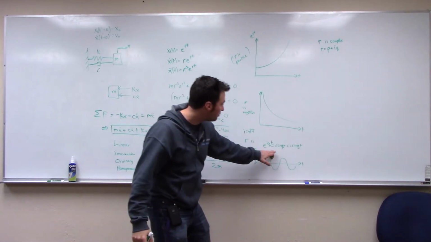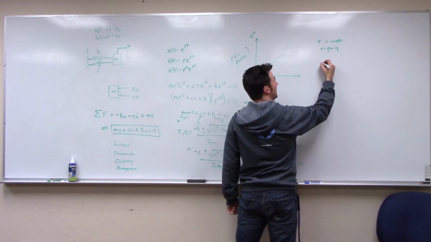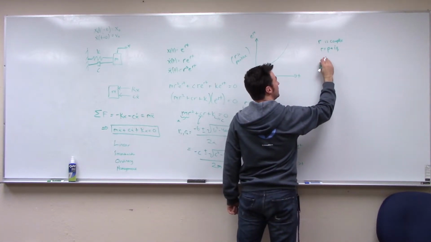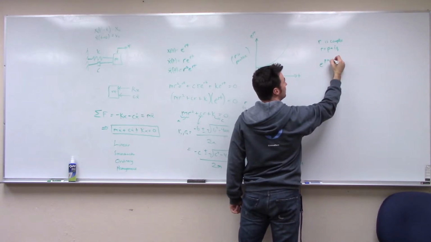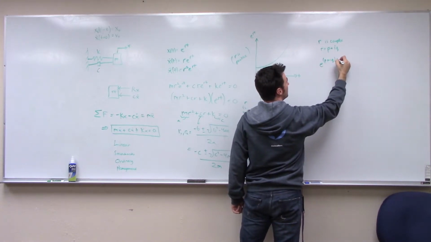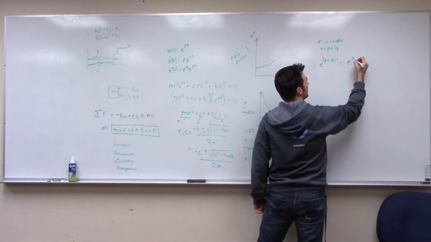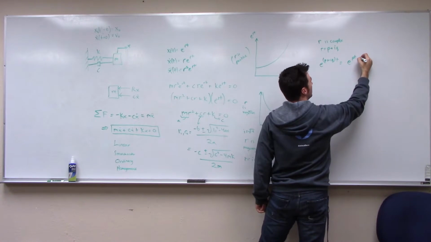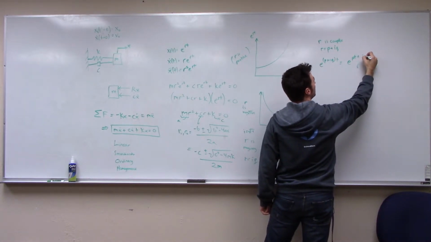In that case, if we apply Euler's formula, then this is what we get. We would see that e to the r, which in this case is p plus iq, times t, well, that's equal to e to the pt plus iqt.